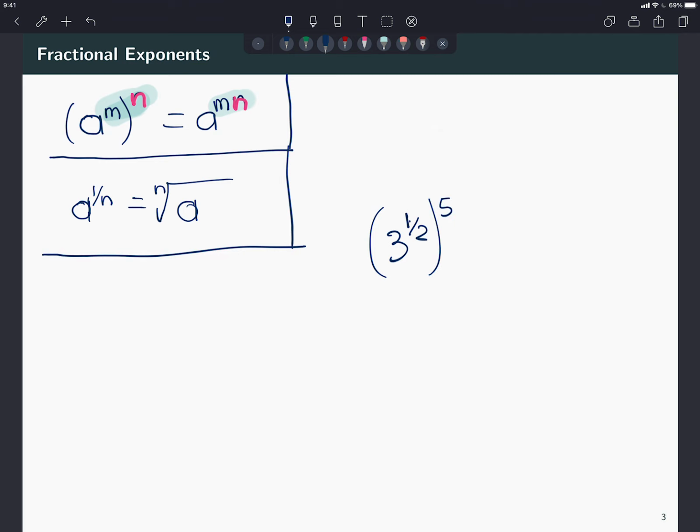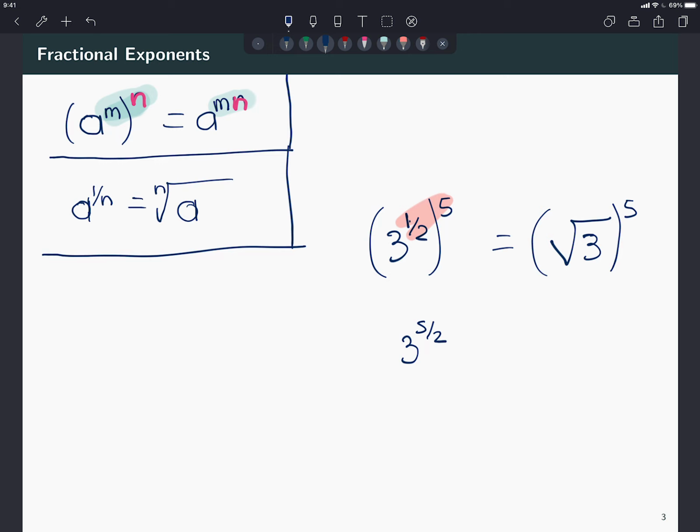If you want to write it in radical notation, this is the square root of 3, but then you're raising it to the 5th power. Now, using this rule again, I can multiply these powers here, and 1/2 times 5 is just 3 to the 5/2. So 3 to the 5/2 is going to be the same as this quantity over here, the square root of 3, to the 5th power.